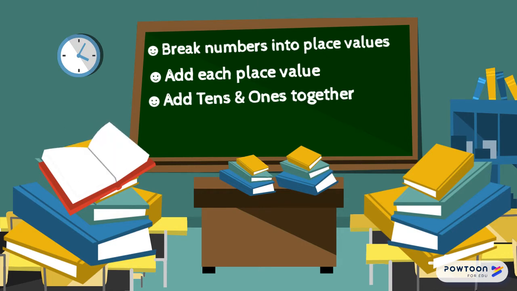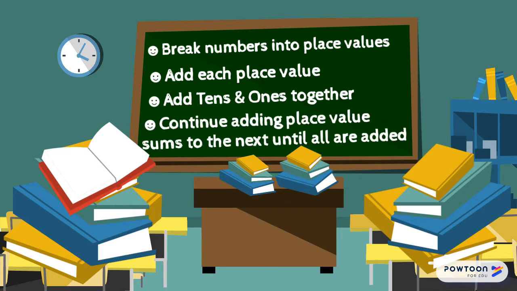You add the tens to the ones, and then you keep going higher until you have added all of the sums of the place values together. That's all there is. Just remember these 4 easy steps, and addition will be a breeze, easy as pie.